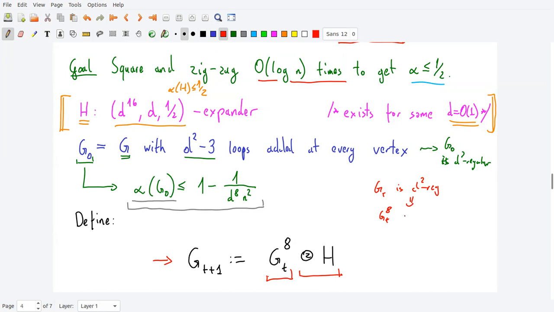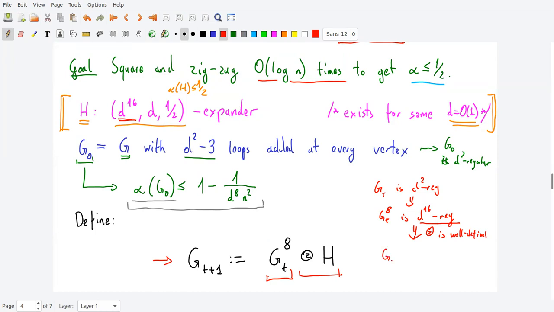So G_t to the power 8 is what? Is D to the 16 regular? Yes, which means that the zigzag is allowed and well defined, because the regularity of the graph on the left-hand side of the zigzag is equal to the number of vertices of the graph that we zigzag with, D to the 16.